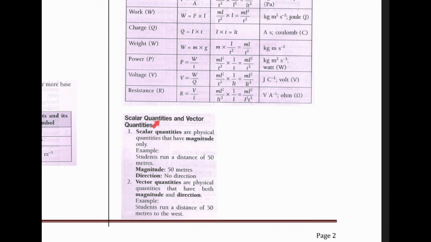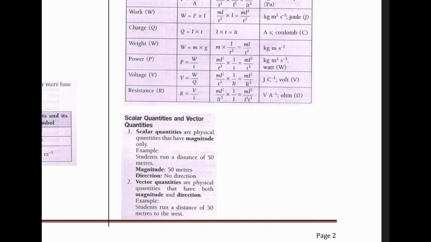Scalar quantities and vector quantities. So this is the second way to make the physical quantities into two groups. Just now the first way is base quantity and derived quantity. That is the first way.